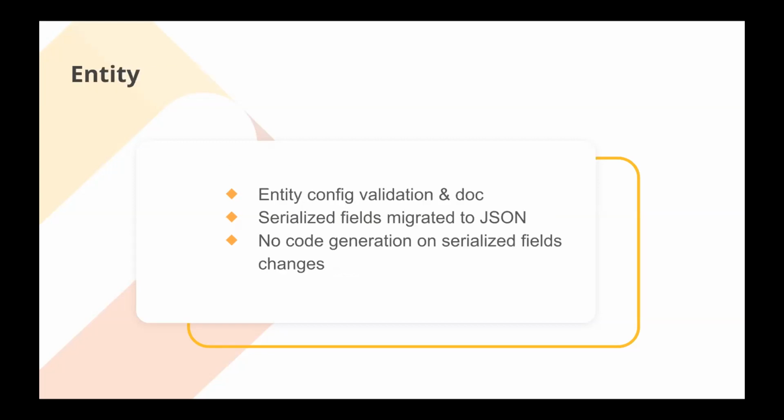The next big thing that we actually changed in the application was about entities. First, we added the validation for all the configurations on the entity and entity field levels, and we documented all the options.